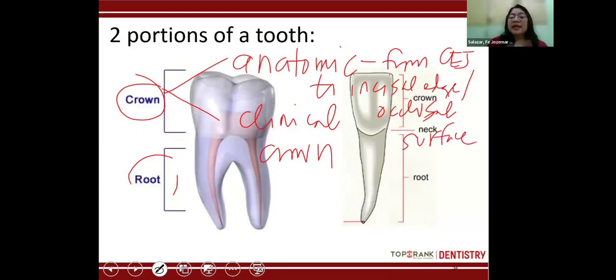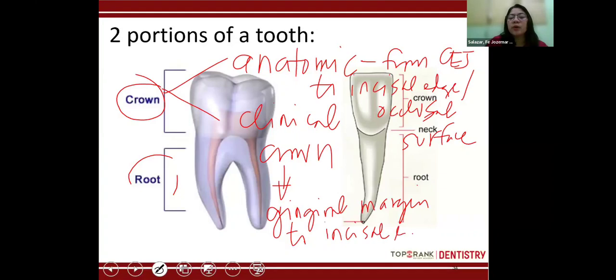While the clinical crown is from gingival margin to incisal edge or occlusal surface. That's the difference between an anatomic crown and a clinical crown. The basis, occlusally or incisally, would be the surface. But cervically, for anatomic, your landmark is the CEJ. For clinical crown, it's the gingival margin.